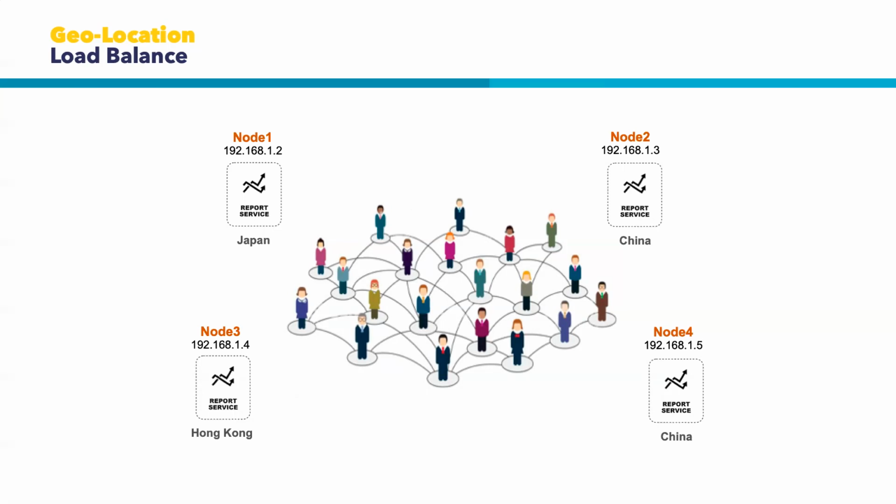So, Japan user, by the way, you don't even have to do that manually. The system will handle the geolocation load balancing for you. It detects where you are coming from, where you are logging in from, and you will be redirected to a Japan server automatically. It's the same approach used by companies like Netflix.